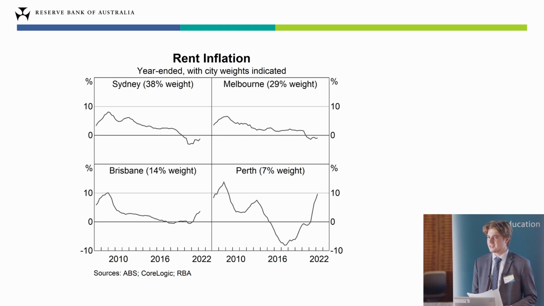In addition to this, changes in the supply of rental properties tend to happen pretty slowly. The portion of properties that we build is a very small share of the total stock. This means that excess demand and excess supply can often build up in different cities. So rents in Sydney and Melbourne have been fairly weak over the past 3 years.